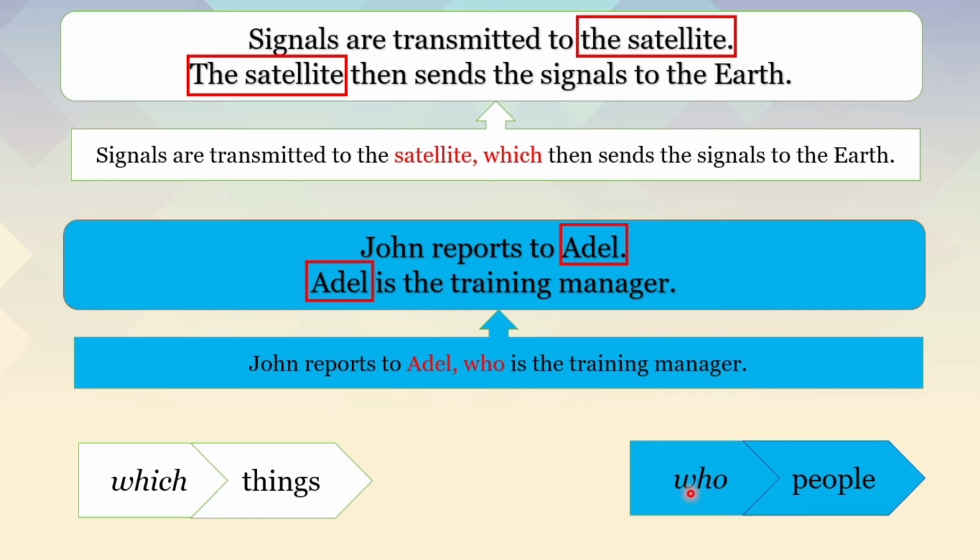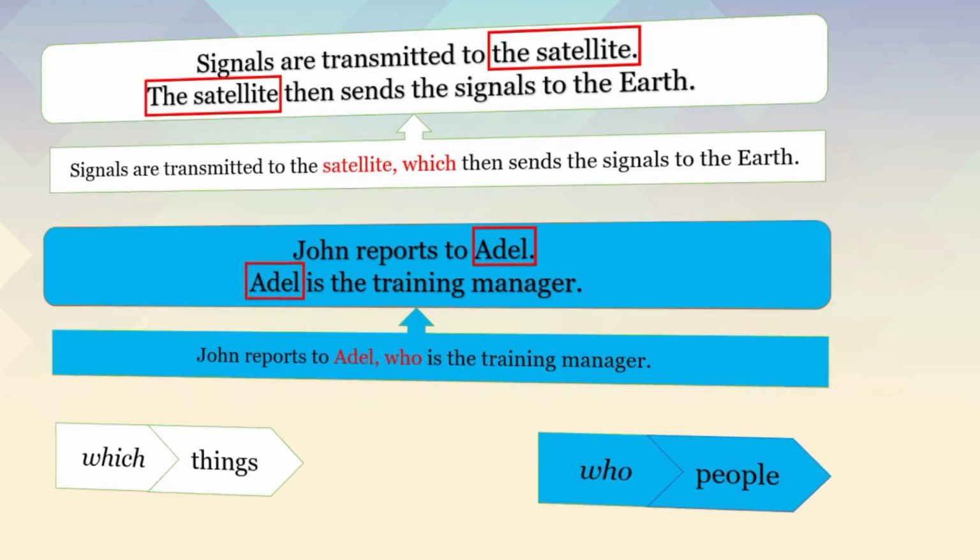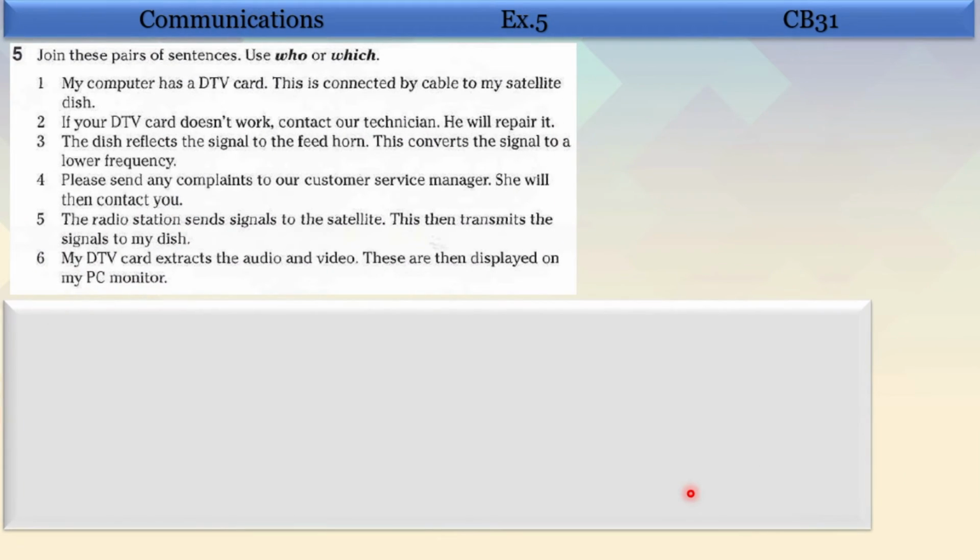Now let's do exercise 5 on page 31 of the course book. Join these pairs of sentences. Use who or which. Let's do number 1 together. My computer has a DTV card.